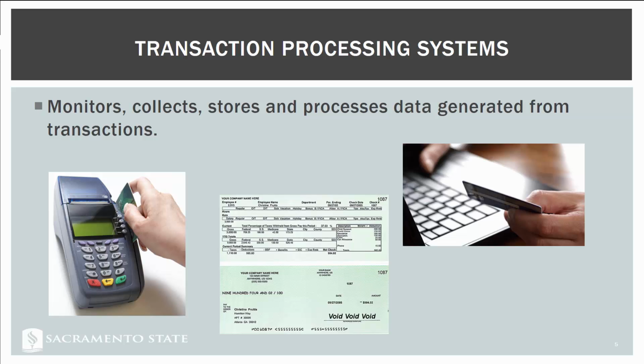All right, so the first type of enterprise system that we want to talk about is called a transaction processing system, or TPS, sometimes the acronym is. Transaction processing systems are those that, as the slide says, monitor, collect, store, and process data generated from transactions. So these aren't necessarily financial transactions, even though many transaction processing systems are dealing with financial transactions.